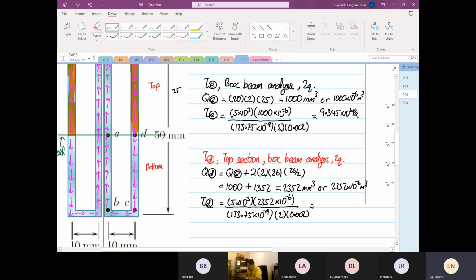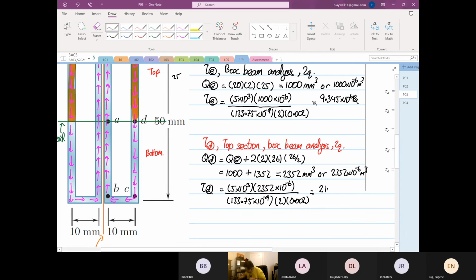So 5 power 3 times 2352 power minus 6 divided by 133.75 power minus 9 divided by 2 divided by 0.002 is equal to 21.98. I got a weird number.